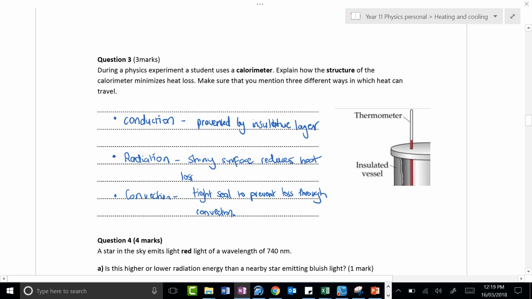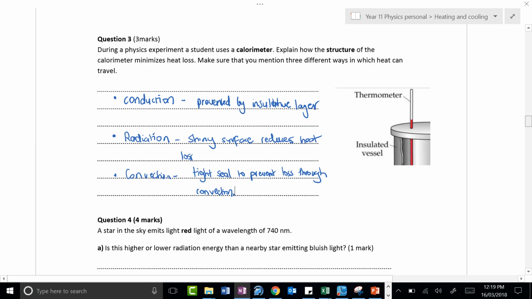There's no doubt that when you're doing your test, you need to come up with some examples of conduction, convection, and radiation, heat loss, and heat transfer.